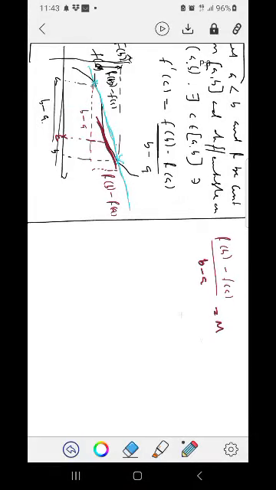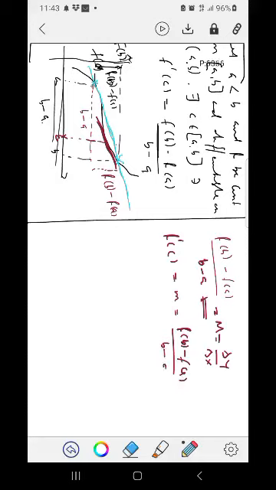So at this place we are talking about change in y over change in x of a straight line, and of the curve we are saying that the derivative at point c will be the same thing as m, which is (f(b) minus f(a)) over (b minus a). That's what it's saying.